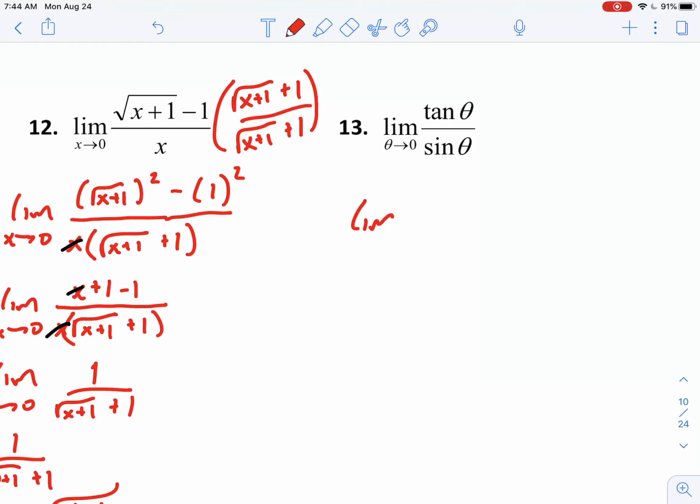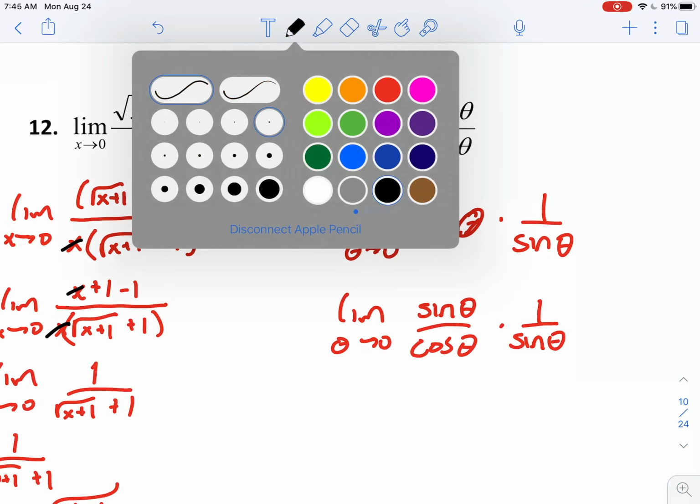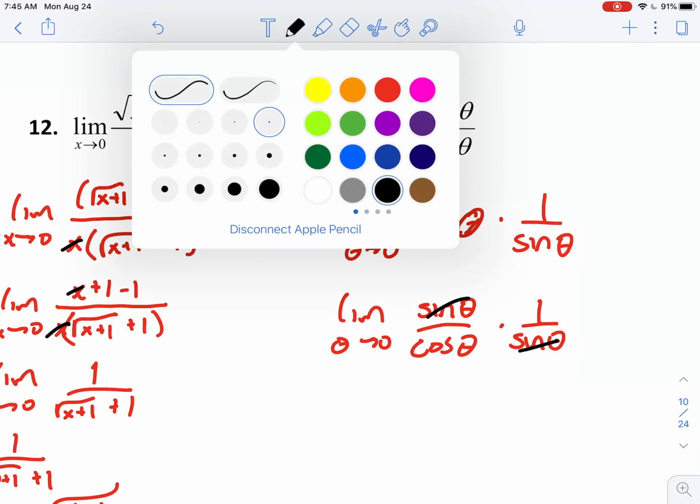I'm going to rewrite this as maybe tangent of theta times 1 over sine of theta, and then I can make this sine of theta over cosine of theta using an identity. And we see my sines cancel out.